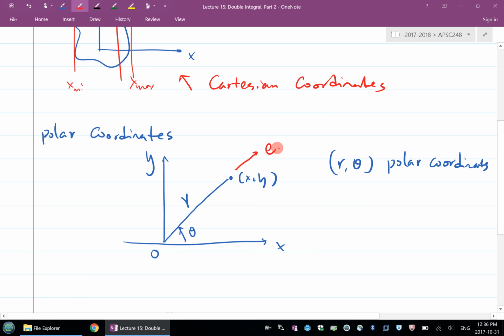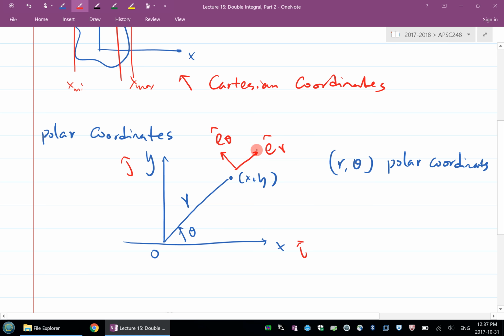Let's say I use e_r hat. This is i hat, this is j hat, the two unit vectors representing these two coordinate systems, and we can create another unit vector in the r direction and another vector in the theta direction. Theta is always the moving of theta, right? It is always perpendicular to this r here. So let's call it e_theta hat here. So this is basically the polar coordinate system. So that's a new system.